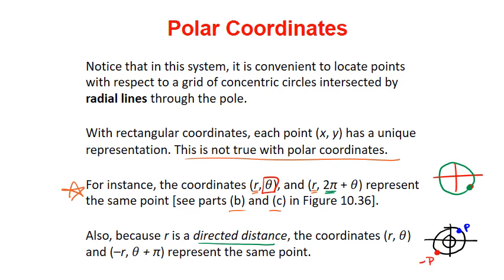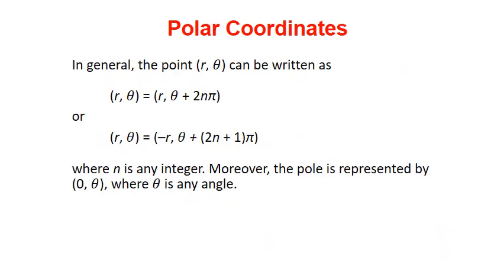This is negative P, so the directed distance is in the opposite direction. But if I take this negative P and add pi to its angle, then I'll get back to this angle, and that's what's illustrated here. It's summed up here.